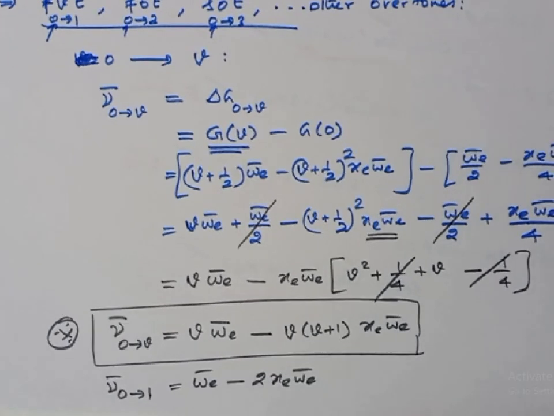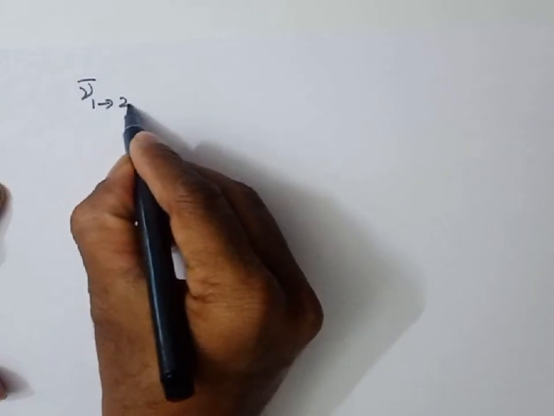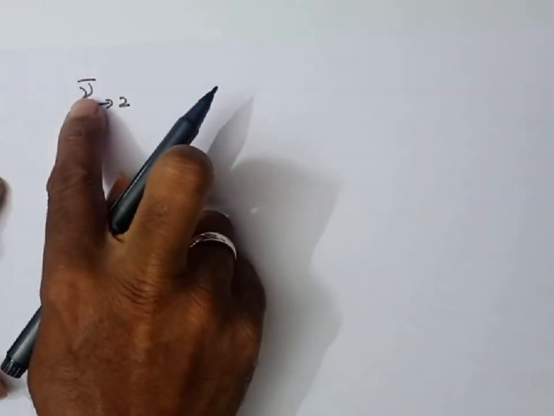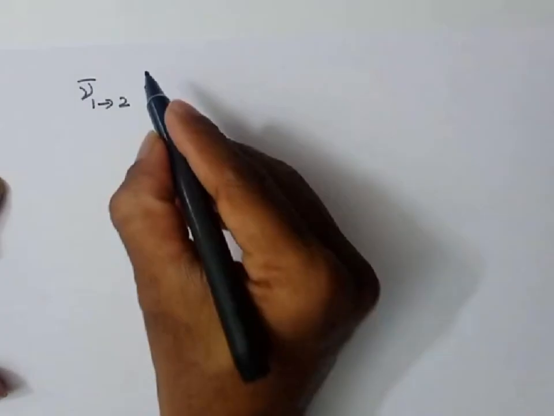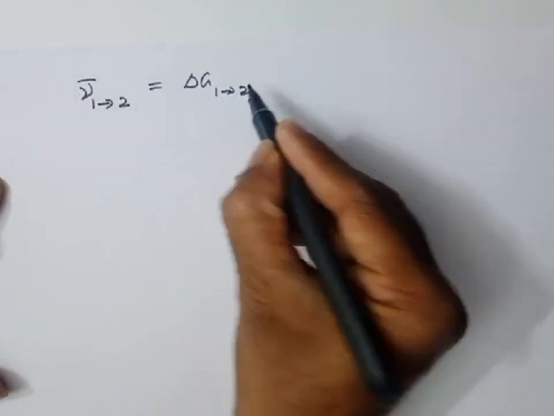Okay, for that I am not going to write any general formula, because for hot transitions usually we don't prefer that. So I'll write the frequency for the first hot transition alone. At what frequency will the first hot transition appear, which is nothing but the energy required for the hot transition.